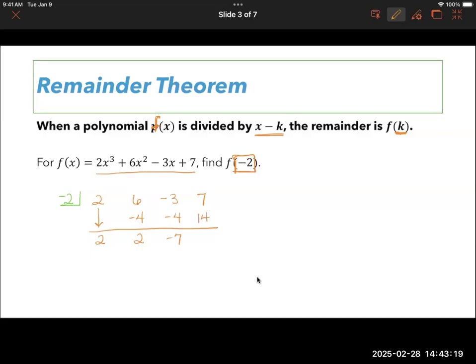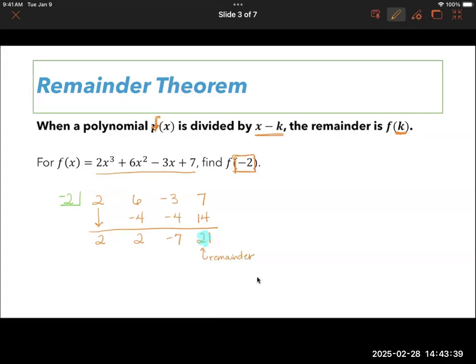And 7 plus 14 gives us 21. So again, this 21 is the remainder from the division.